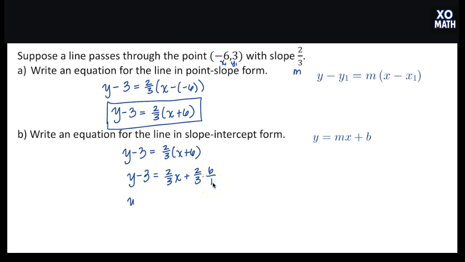So I have y minus 3 is equal to 2/3 x plus 4. And finally, I will add the 3 to both sides to solve for y. So that's going to leave me with my final answer of y equals 2/3 x plus 7.